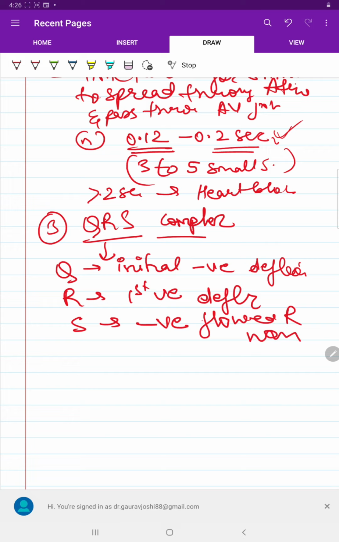If you find R dash, then we can say R prime. This is another positive wave after the R wave.